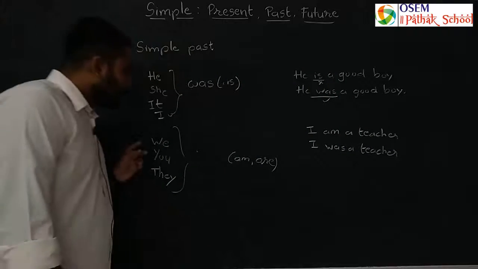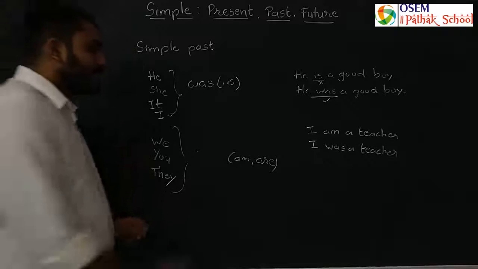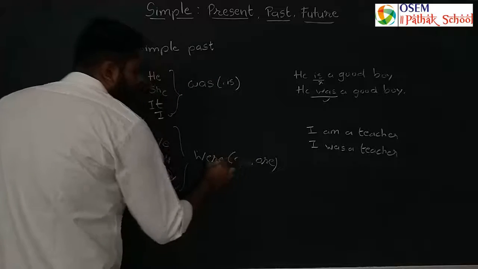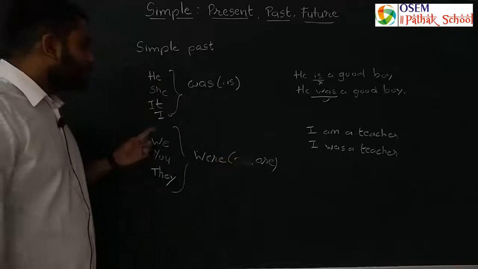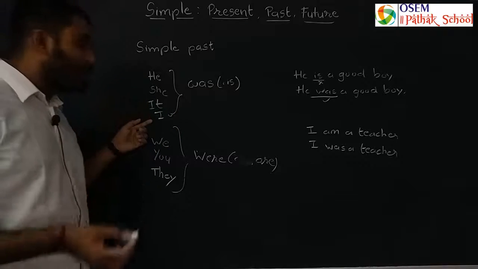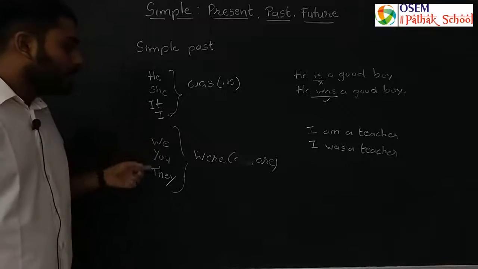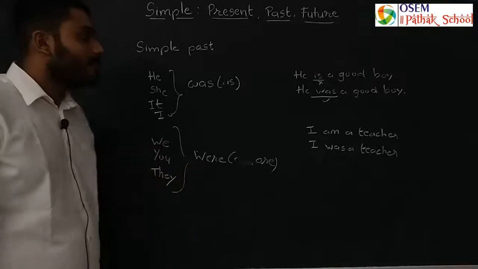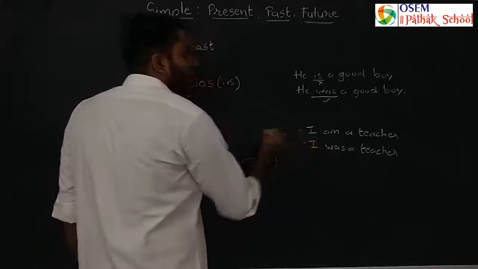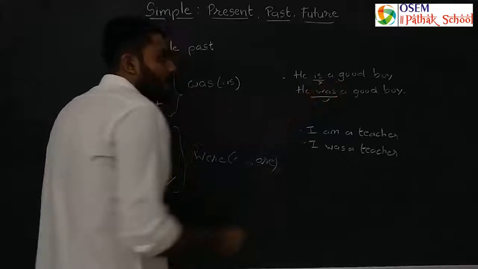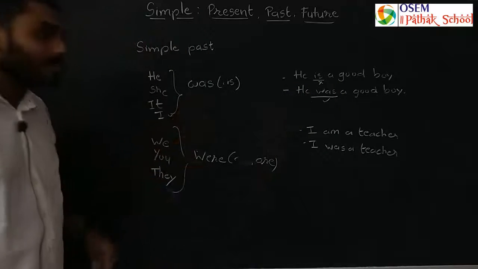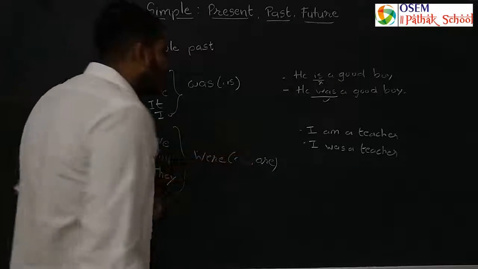So हमें क्या यूज करना है, we, you and they के साथ हमें यूज करना है were. So हम was को यूज करेंगे he, she, it and I, remember, and we, you and they के साथ हम यूज करेंगे were. So I am a teacher, उसका हो जाएगा I was a teacher, and he is a good boy, उसका हो जाएगा he was a good boy. So was and were हमें is and are की जगह यूज करना है.